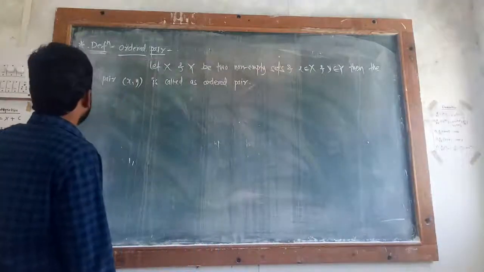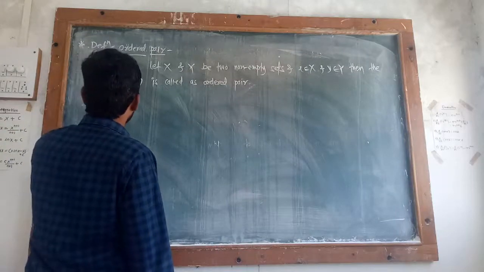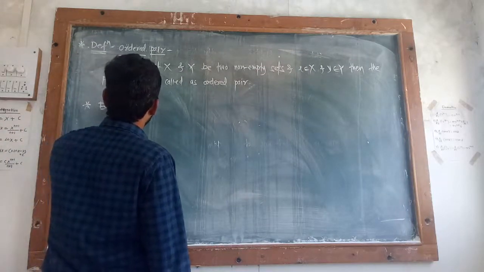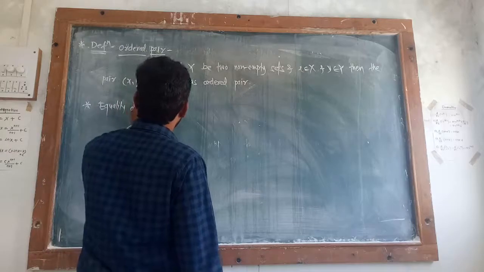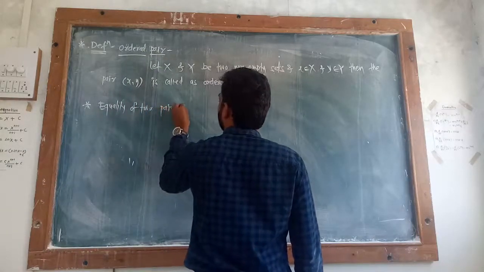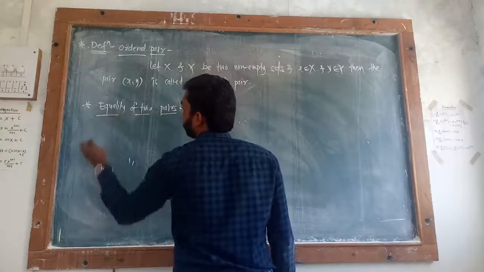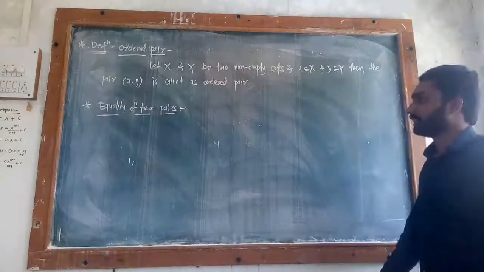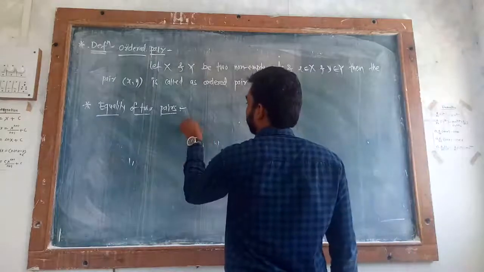Therefore, next point: equality of two pairs. So what do you mean by equality of two pairs?